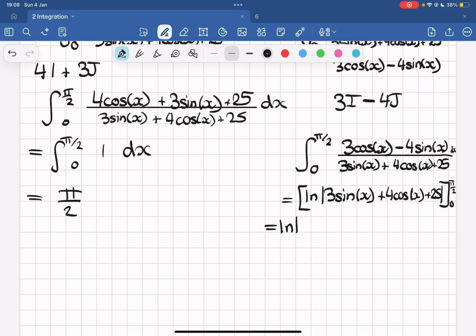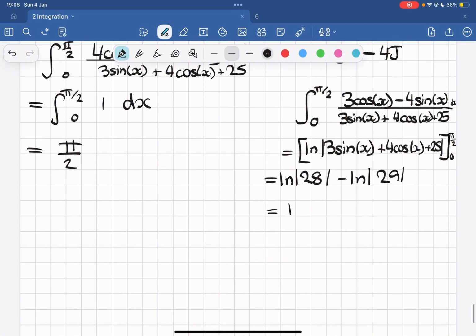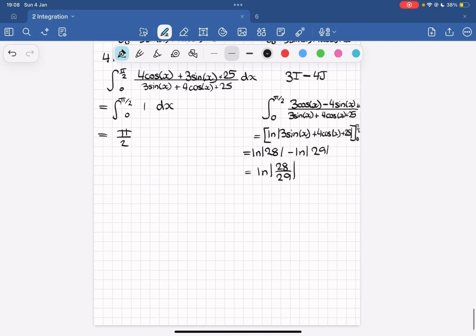Sine pi over 2 is 1, so that gives 3. 4 cos pi over 2 is 0. Plus 25. So that gives us ln 28. Subtract: 3 sine 0 is 0, 4 cos 0 is 4, plus 25, which gives us ln 29. Laws of logs, ln 28 over 29.